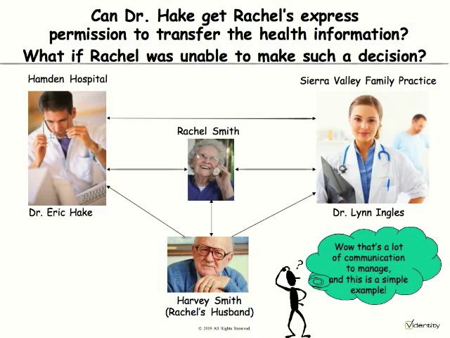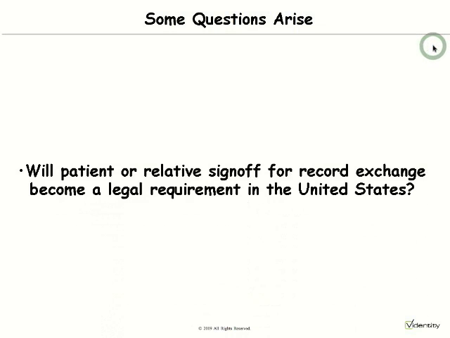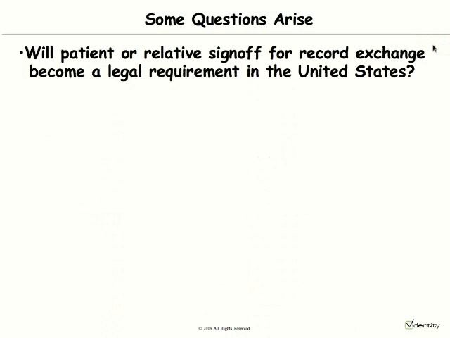This is already a lot of communication channel. And this is a simple example with only one family member and two physicians. And this brings up some pretty good questions. Will patient or relative sign-off for record exchange become a legal requirement in the United States?